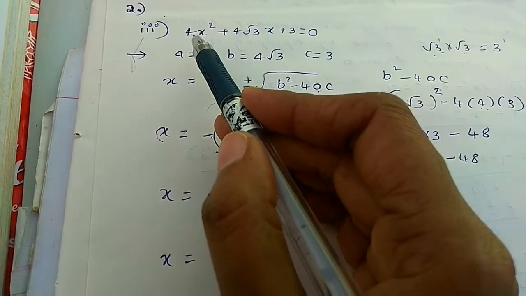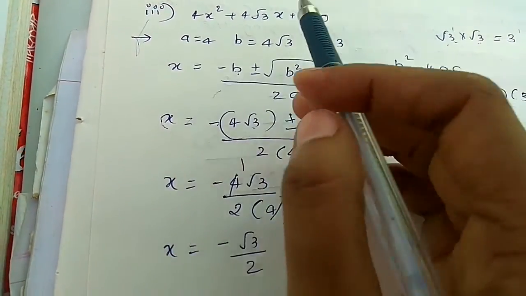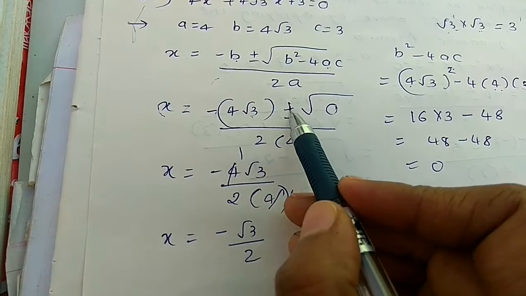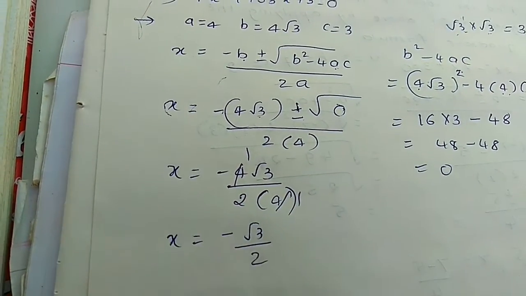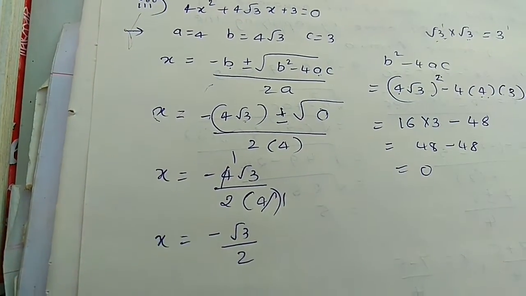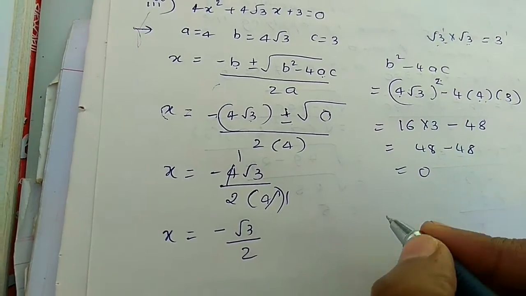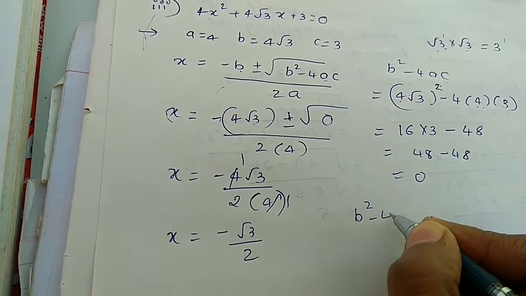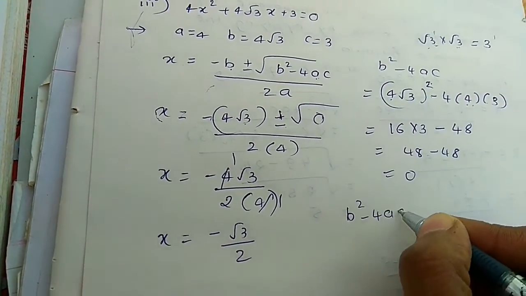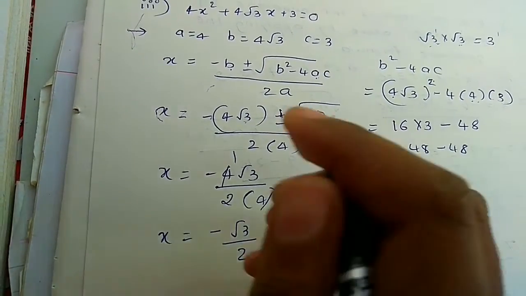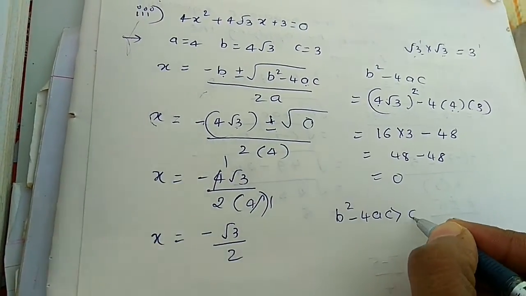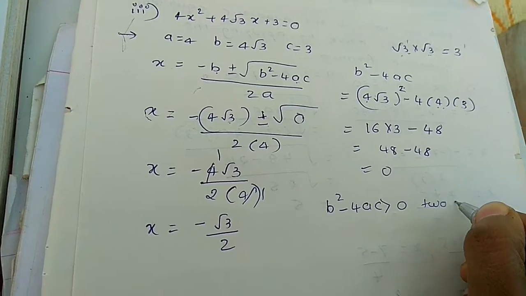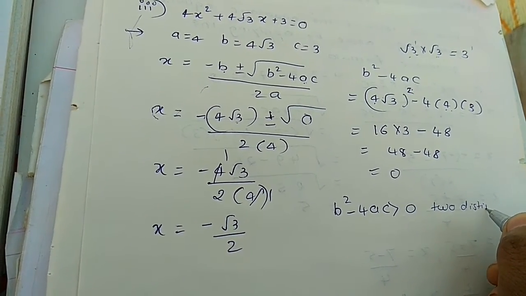As it is a quadratic equation it will have two roots, and here these two roots will be the same. Why? Because the discriminant shows the nature of the roots. If it is greater than 0, you get 2 distinct, that is 2 different roots.